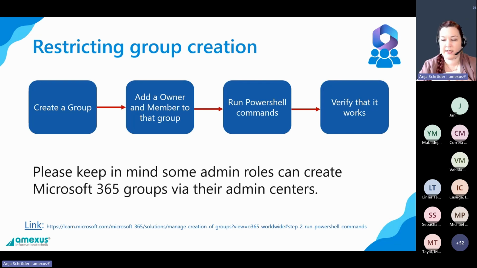And then you run a PowerShell command, and I link the PowerShell command here right down below, and I will also put it in the chat. So you have the link to the cmdlet and can do this on your own. And then after running the commands, you can verify that it really works.